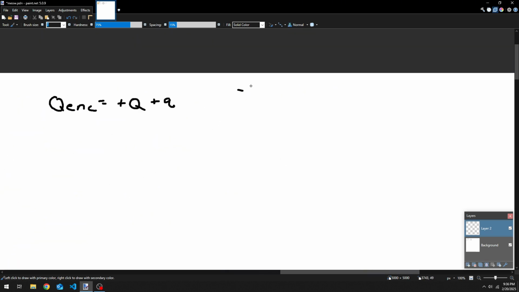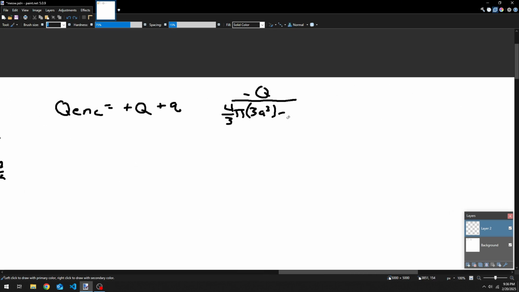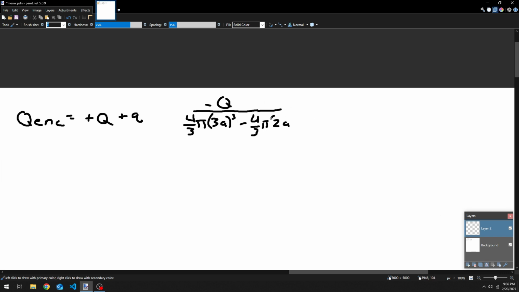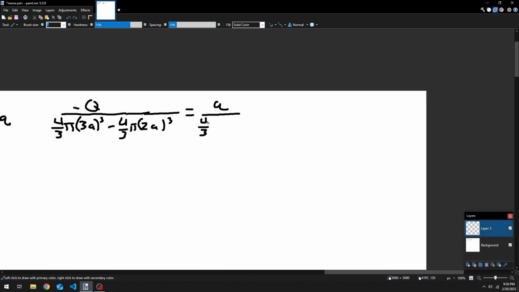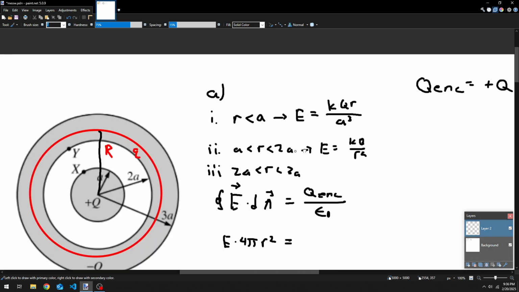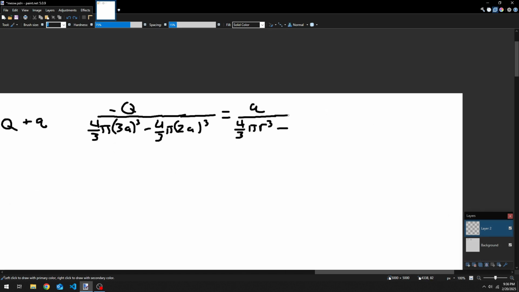So we can say negative Q, the charge of the whole shell, divided by the volume of the shell, which we can get by 4 over 3 pi 3a cubed minus the hollowness, this hollow space over here, which isn't included in the volume, so we have to subtract it, 4 over 3 pi 2a cubed, and then we can set that equal to q over 4 over 3 pi r cubed minus the hollow part, because we're only looking for this volume, minus 4 over 3 pi 2a cubed.